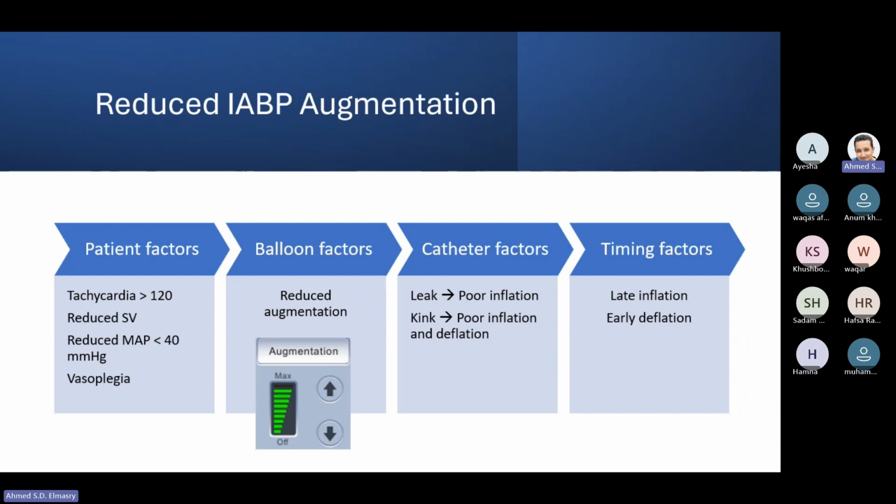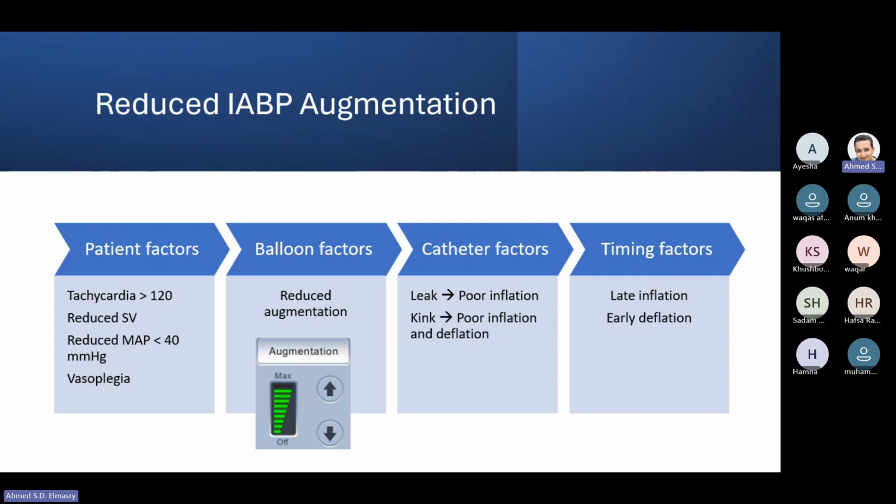Sometimes it's combined. Sometimes the patient has vasoplegia and also has timing errors. You can fix the timing error, and for vasoplegia you can add vasopressors, you can add steroids, you can give some volume to the patient to improve the systemic vascular resistance. You can add other medication like vasopressin and methylene blue to treat the vasoplegia. So you have to know what the issue is.